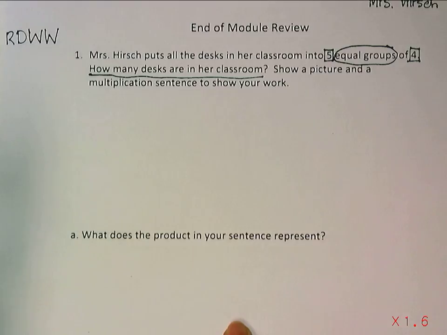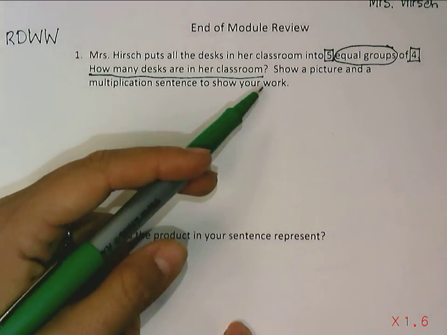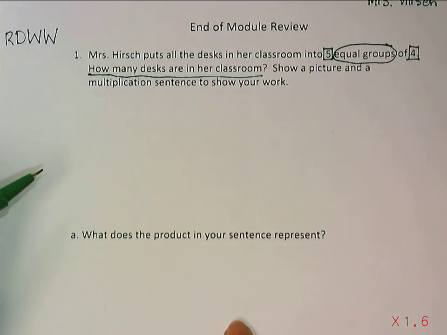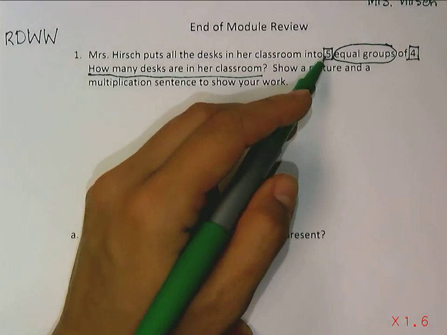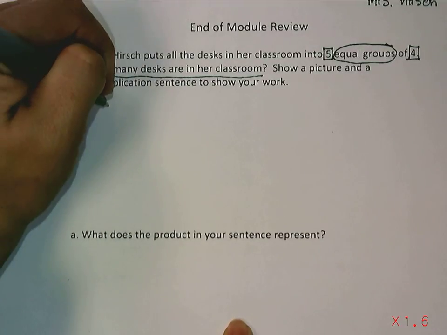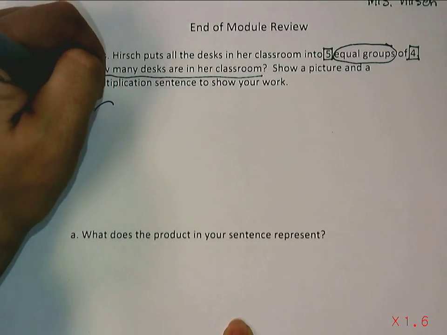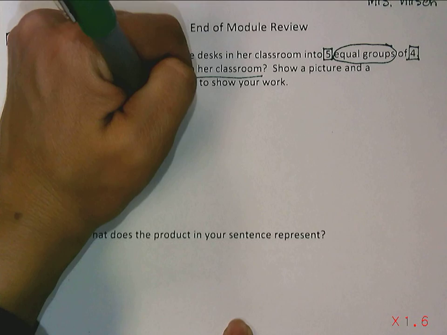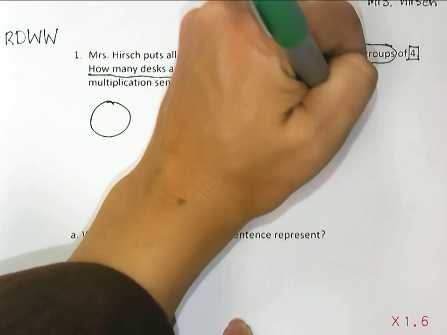Okay, so you should have had time to draw 5 equal groups of 4, and I'm going to show you what I would draw to show 5 equal groups of 4, because we're breaking up our desks into 5 equal groups of 4. So here's my picture. 1, 2, 3, 4, 5.